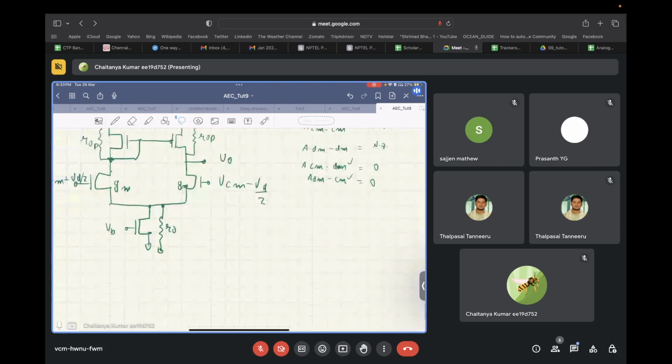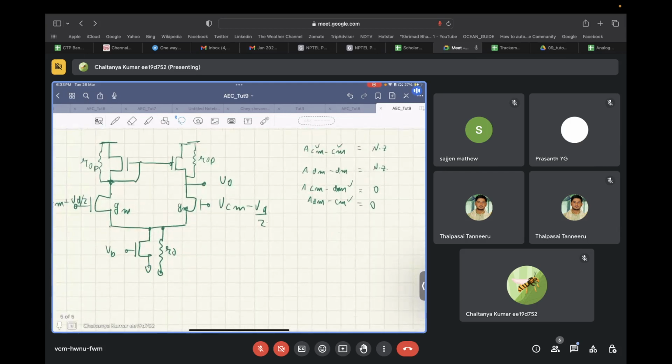So in this case, since the output is a single-ended node, what all gains will we have? We will have an output to differential mode gain, which will be a non-zero quantity, and we will have an output to common mode gain, which will also be a non-zero quantity.